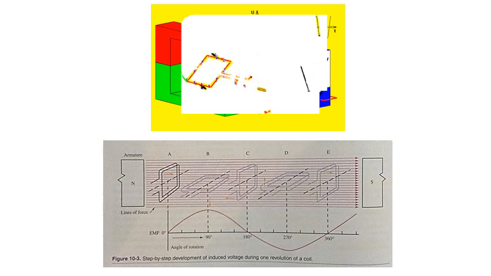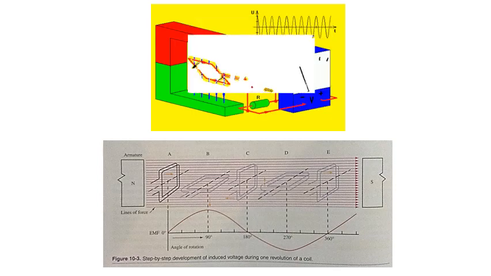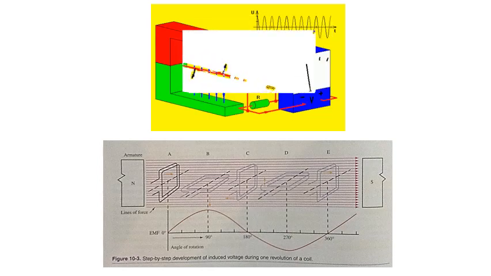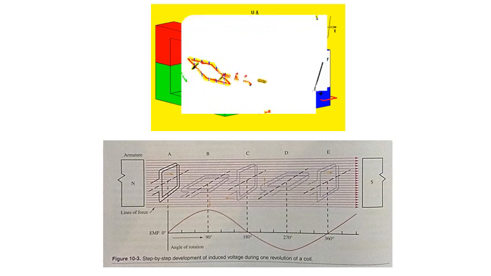In position C, like position A, the voltage drops to 0. In position D, the coil is again cutting the field at right angles, where the highest voltage is induced. However, in position D, the voltage is in the opposite direction of that produced in position B. The curve in 10-3 shows the voltage induced in one turn of the coil.